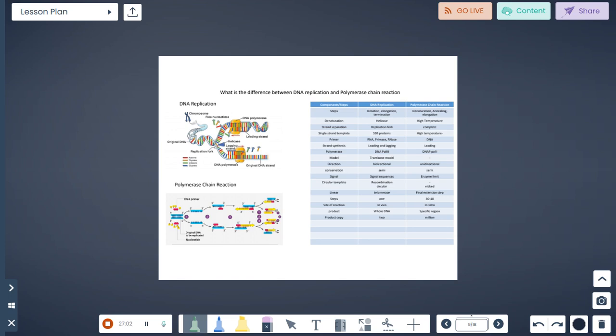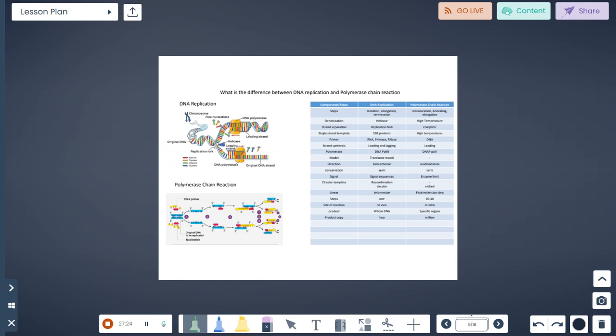It is semi-conservative, and there are some signal sequences in the DNA replication to stop or terminate it. And after termination, a recombination based process goes on to stop the reaction and to make it into 2 copies.